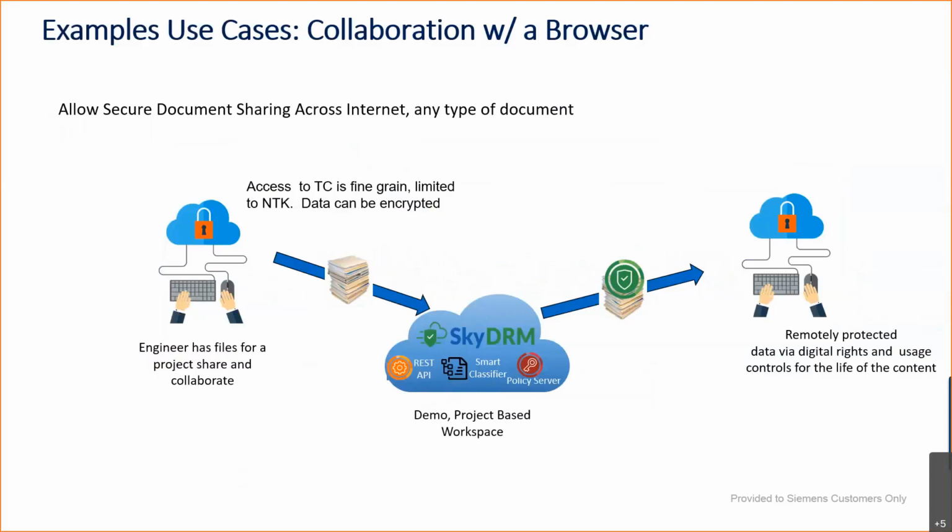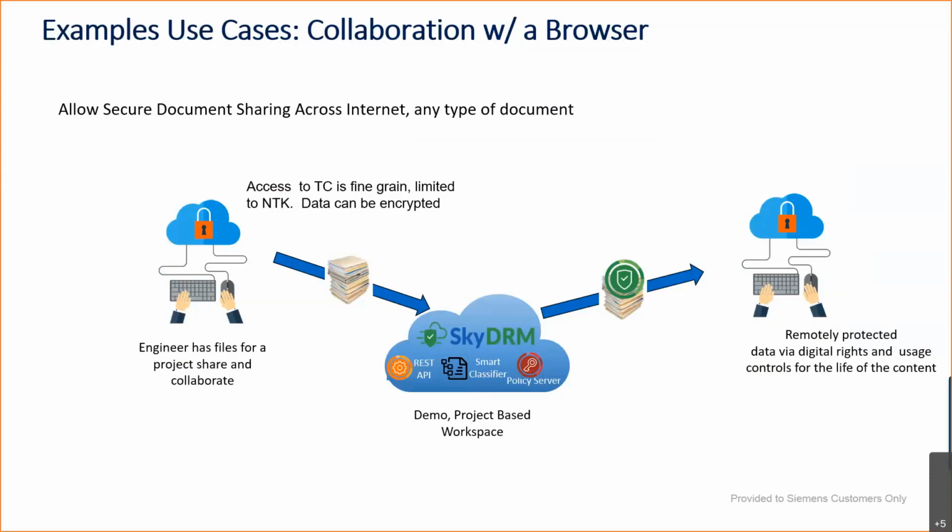Hello, everybody. Jim Conrad. Good afternoon to all. Just a couple of examples before we go into the actual demo segment. These are typical things we've seen out there as far as collaboration. As mentioned before, you have data that you need to secure across the internet, and it needs to be any type of data. It could be CAD information, where you're looking at an assembly or a part, but it could also be documents.